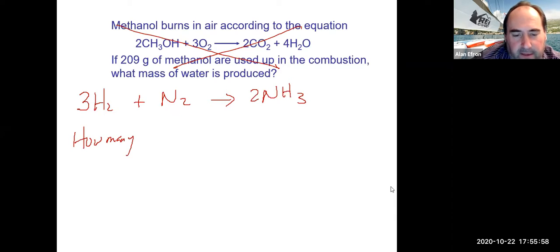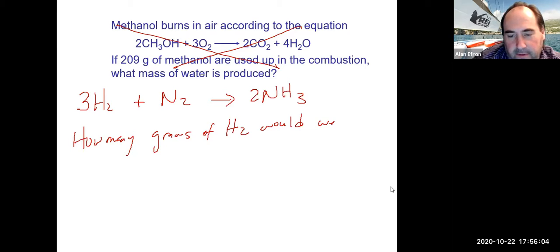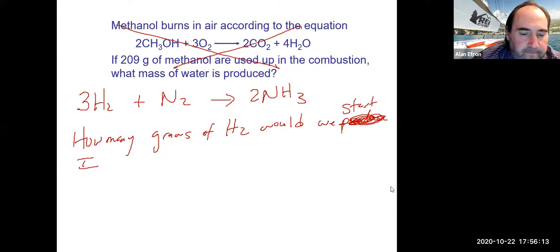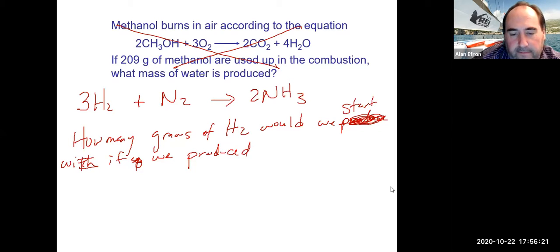Let's go with how many grams of H2 would we start with if we produced, let's go with 125 grams of NH3.